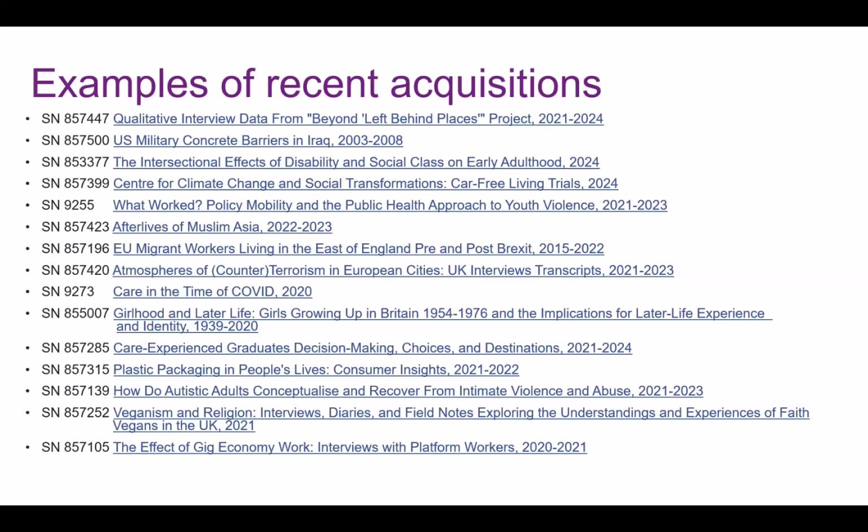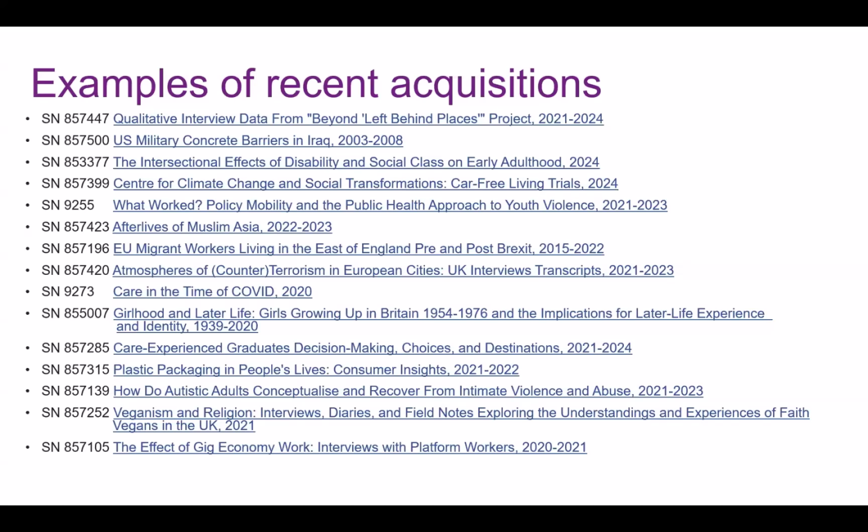What I've covered so far is a few very specific examples of collections and reuse projects. But I just wanted to pull up some examples of some of the more recent acquisitions, just to give you an idea of some of the things that are always coming in. We have quite a lot of data building up on, for example, Brexit and COVID, LGBT rights.